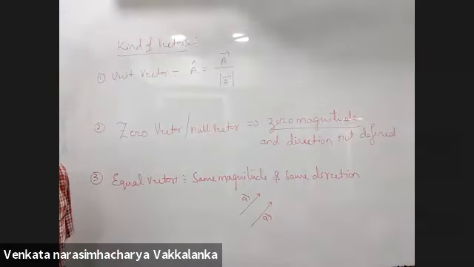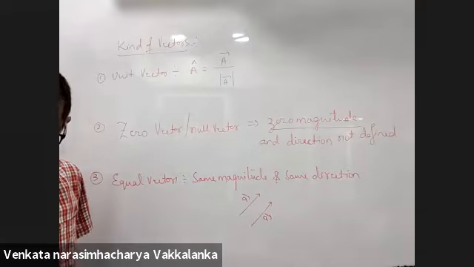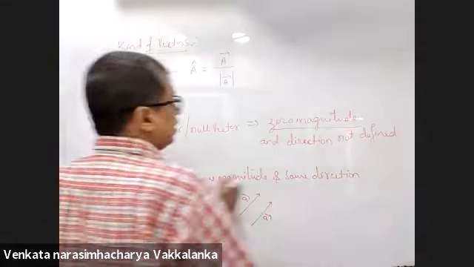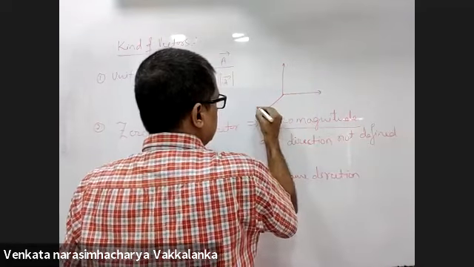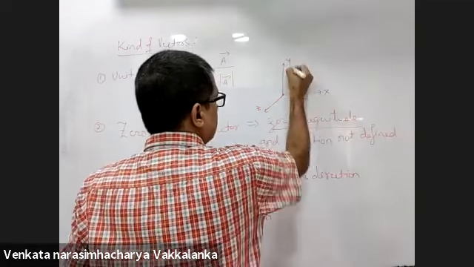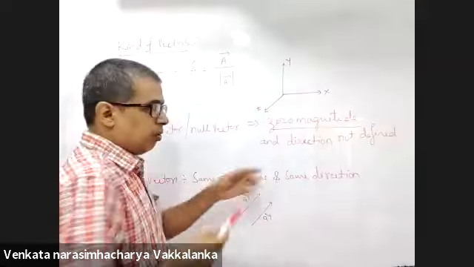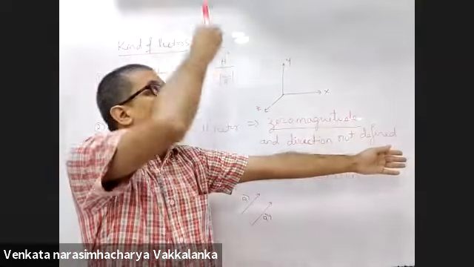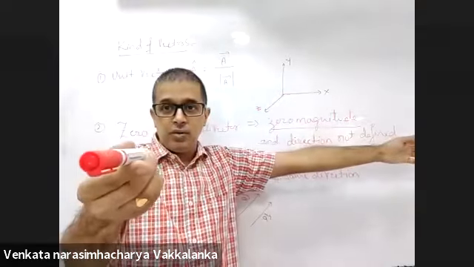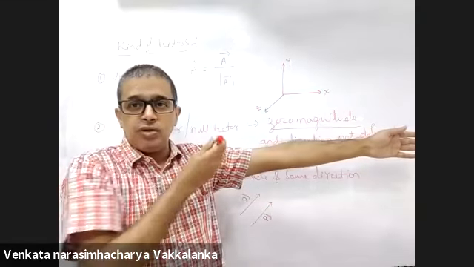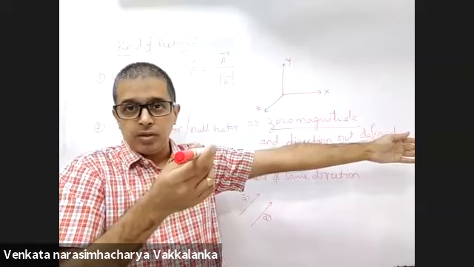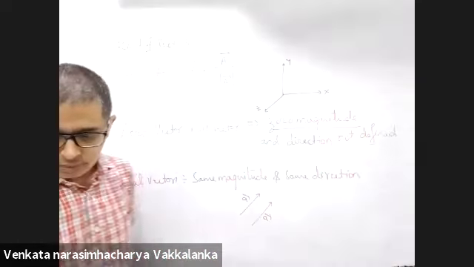So in which direction is the positive z-axis? Generally, we take x in this direction, y in this direction, z in this direction. We go anti-clockwise. So negative z will be into the plane of the board, positive z will be out of the plane of the board.